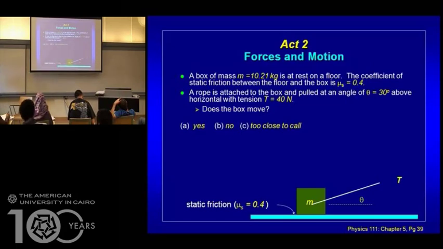So here is your free body diagram. And forces. What are the forces acting on the object? mg down. Perfect. And N upward. Perfect. And friction is along that direction.